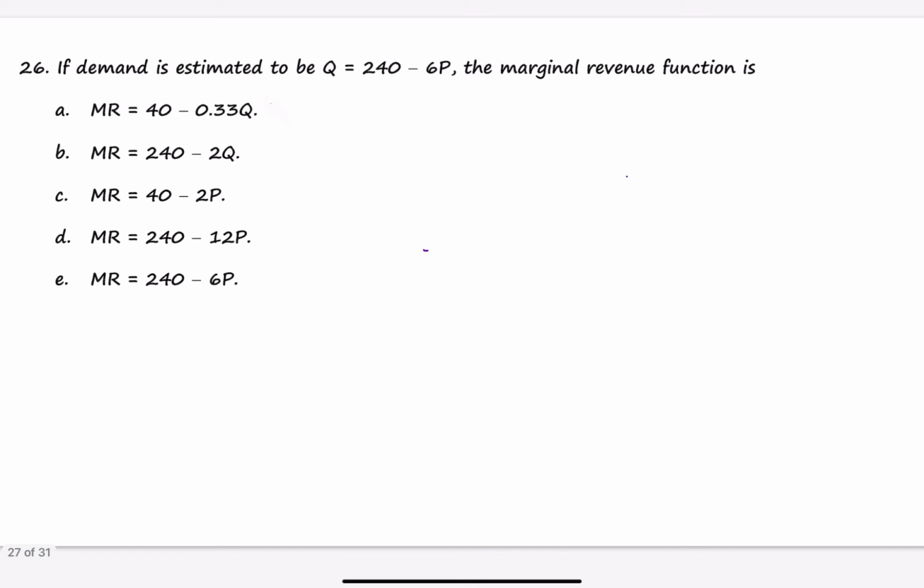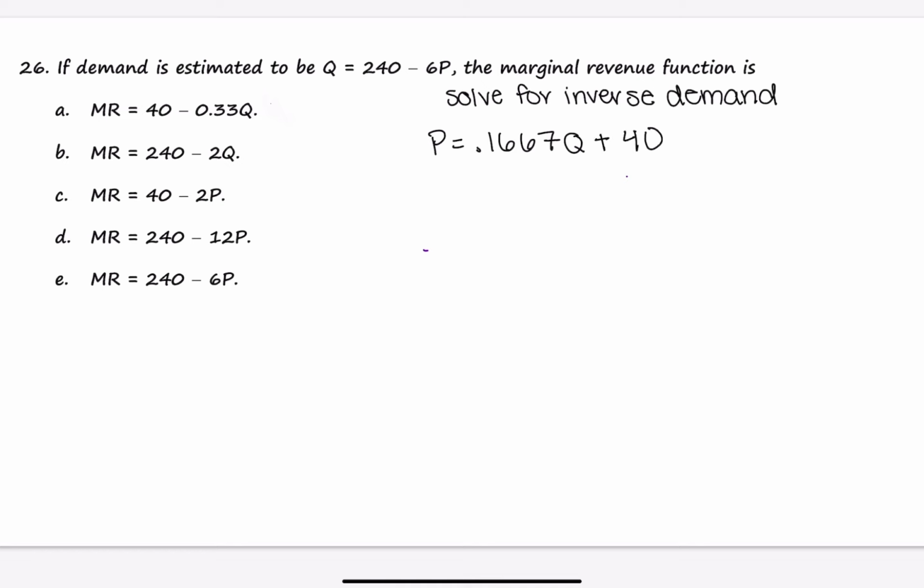If demand is estimated to be Q equals 240 minus 6P, the marginal revenue function is. So first we need to solve for inverse demand, which we just did. And we got that P equals negative 0.1667 Q plus 40.